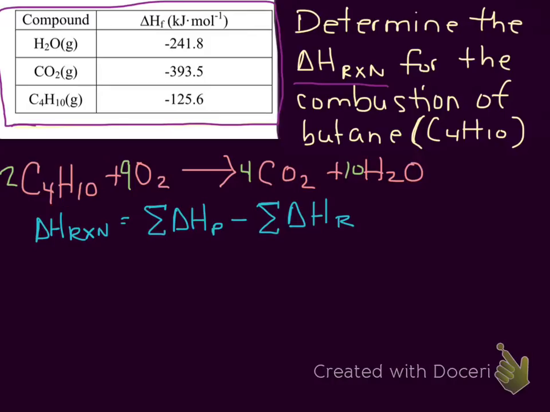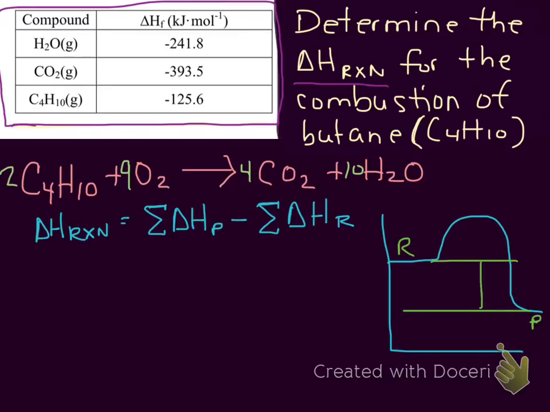And if you think about this in terms of an energy diagram, it really makes sense because what you're doing is taking the difference between your products down here and your reactants up here, and this is going to be your delta H value. Okay, and so you're doing the same thing up here, it's just you're doing it in terms of an equation instead of reading it off of a chart.